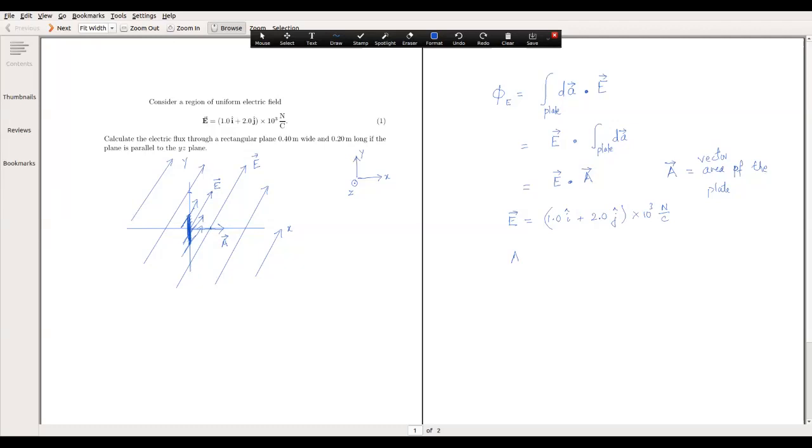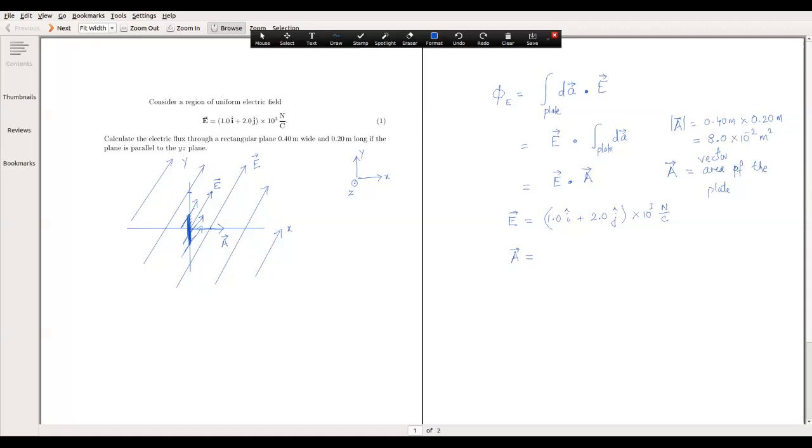And the area vector, as we showed here, is pointing in the x direction, and the area itself has a magnitude. So let me say the magnitude of the area is equal to 0.40 meters times 0.20 meters. So that's 4 into 2, 8. That's two sig digits. So 8 into 10 raised to minus 2 meters square. That's a magnitude.